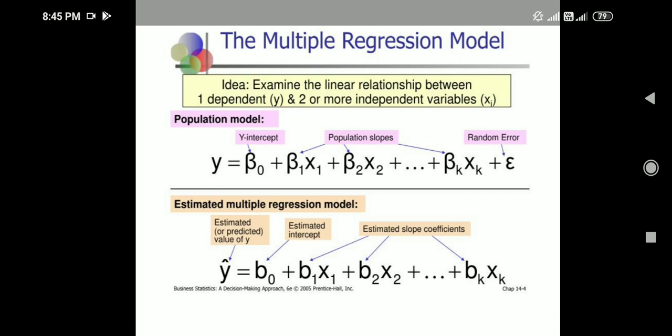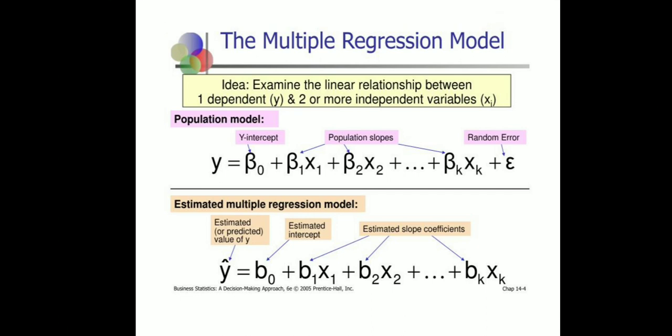So the model is like this. The idea is to examine the linear relationship between one dependent variable y and two or more independent variables x1, x2, x3, etc. Here y equals beta 0 plus beta 1 x1 plus beta 2 x2, etc., plus beta k xk plus epsilon. Epsilon is the random error.